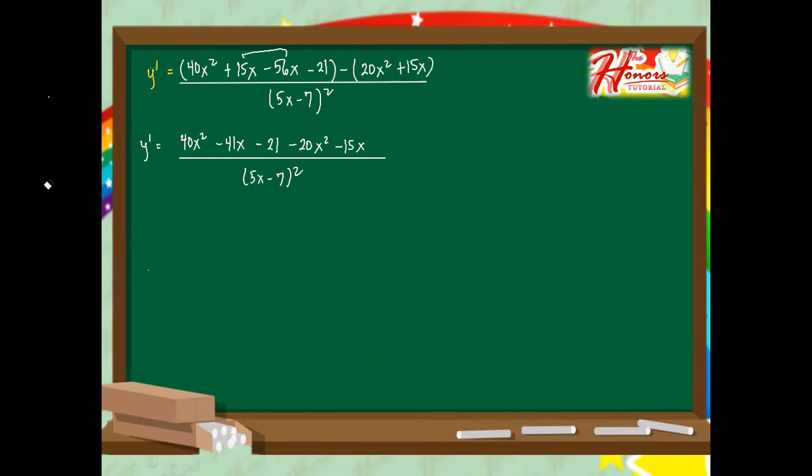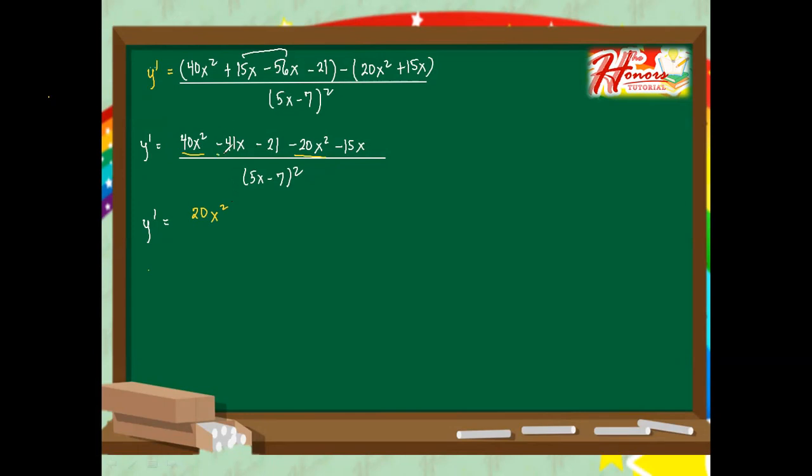And then after that, we have to combine like terms. So we have here y prime is equal to, for 40x squared, the partner of this is negative 20x squared. Since 40 minus 20 is 20, we will be writing 20 here, x raised to 2. Just copy the variable and the exponent itself.